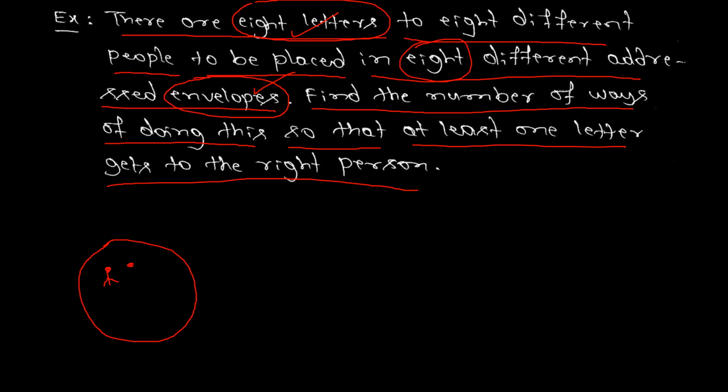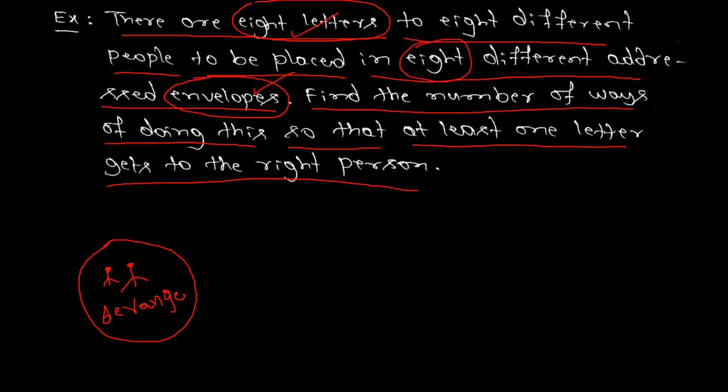That means this is a set of all derangements. No person gets a right letter. That means no letter has been enclosed in its right envelope. These are all derangements.